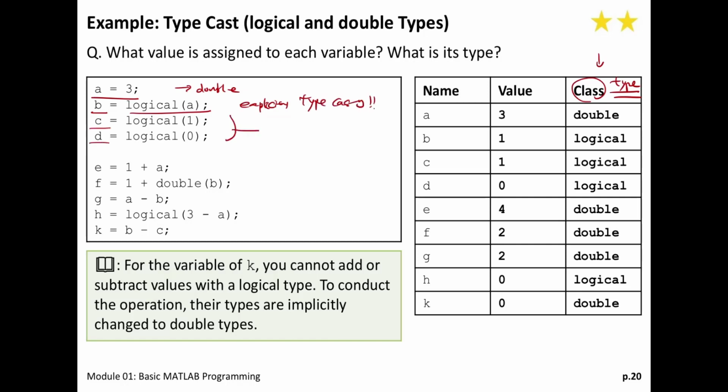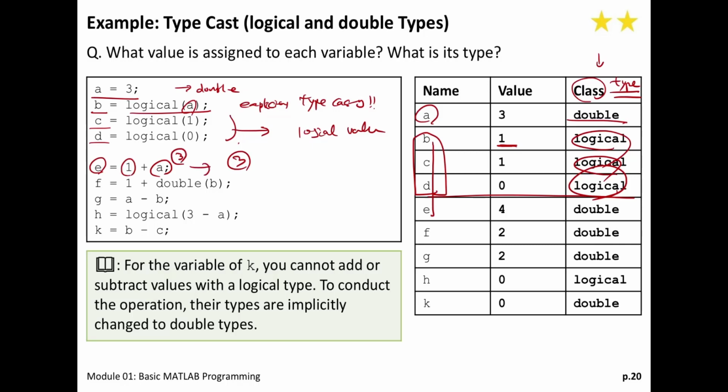C and D, all these are the logical value. Okay, A is a double, B, C, D is the logical, right? But A is a 3, I will say all values except for 0 produce the true logical 1, right? This one, get up to this point. What about the E? Okay, A is the 3, 1. So this is just a simple numeric addition, right? So E become a 4, double.